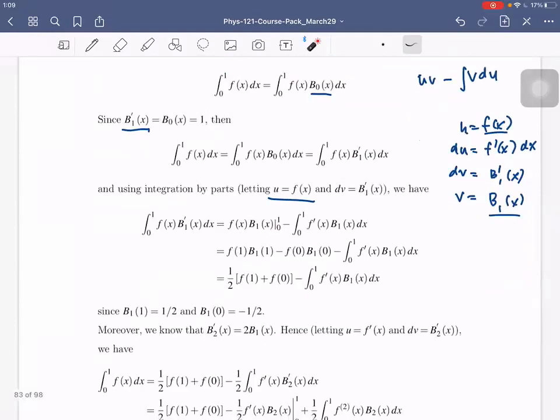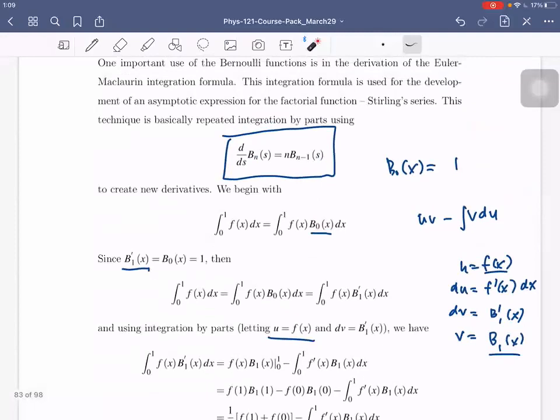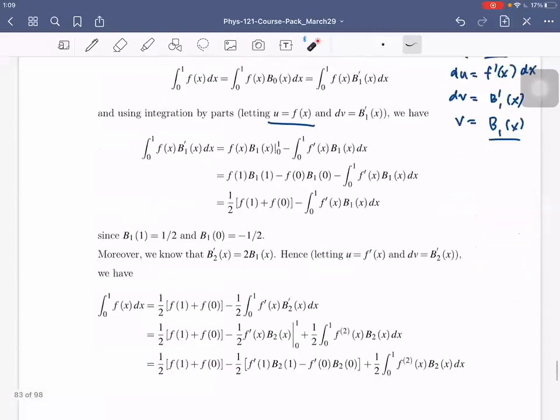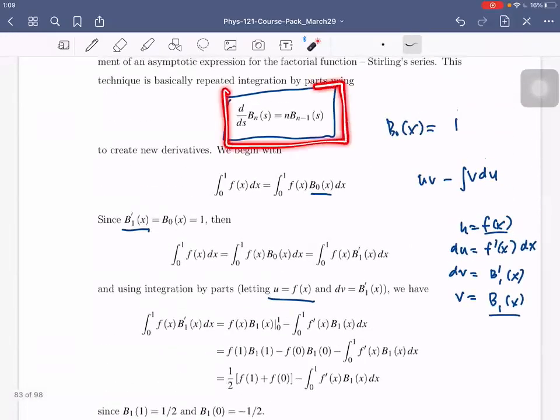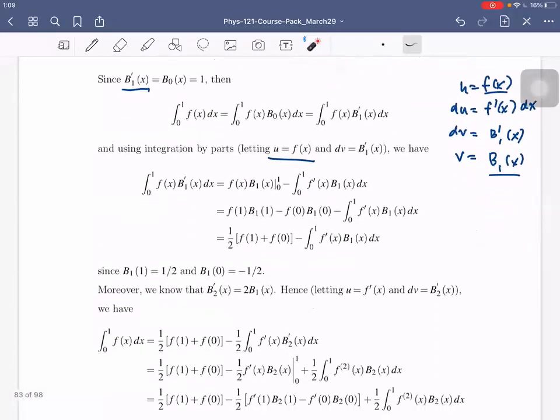Moreover, going back to this integration, b sub 2 prime is equivalent to 2 times b1 of x, which comes from here. So we can use that. So you have to do another integration by parts, since the next term is an integration, right?